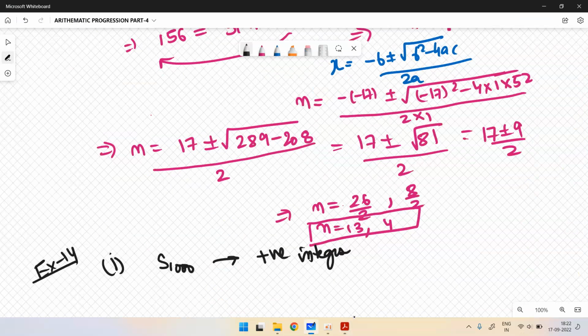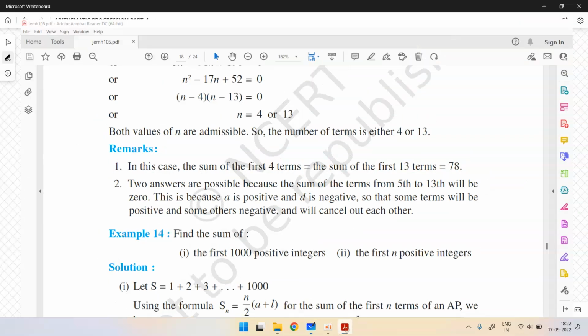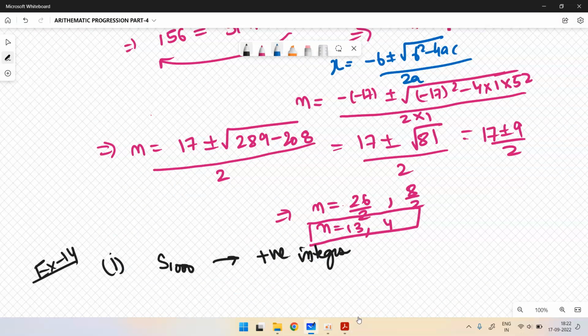The positive integers start from 1. So this series is 1, 2, 3, 4, up till 1000.